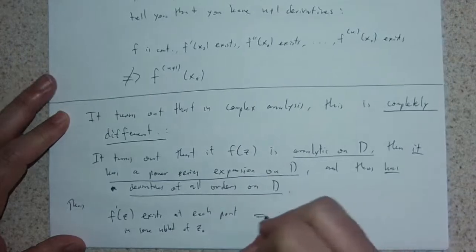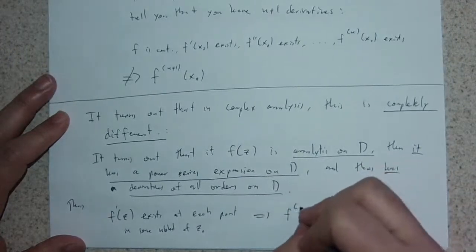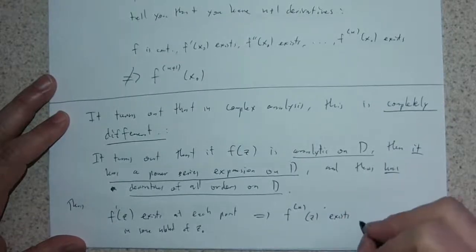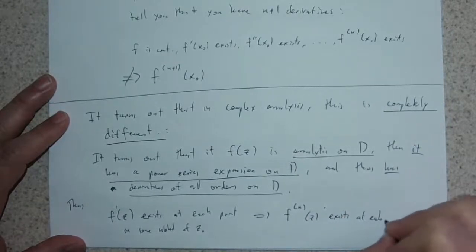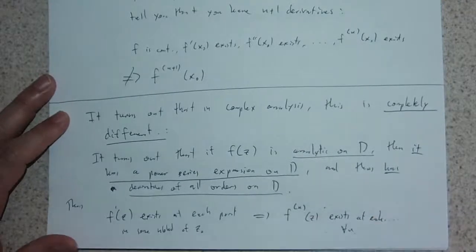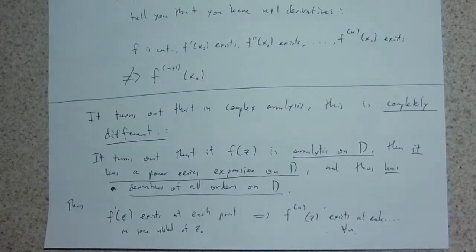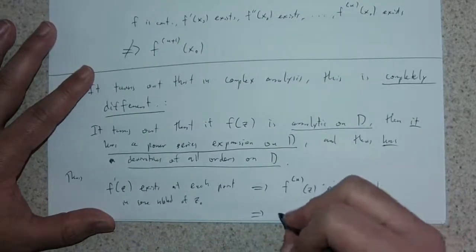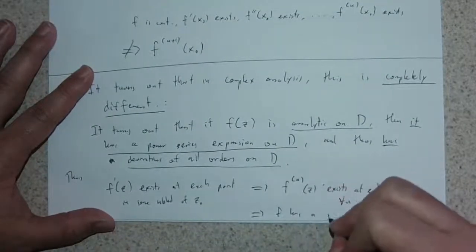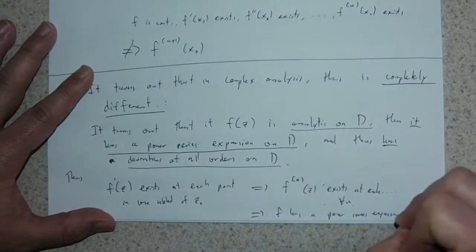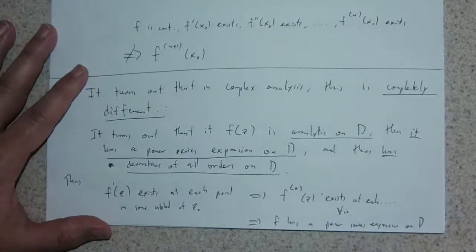This implies that this exists at each point. I'm not going to rewrite all that. For all n, right? All derivatives you want to take here work out. And also f has a power series expansion on D. Okay.